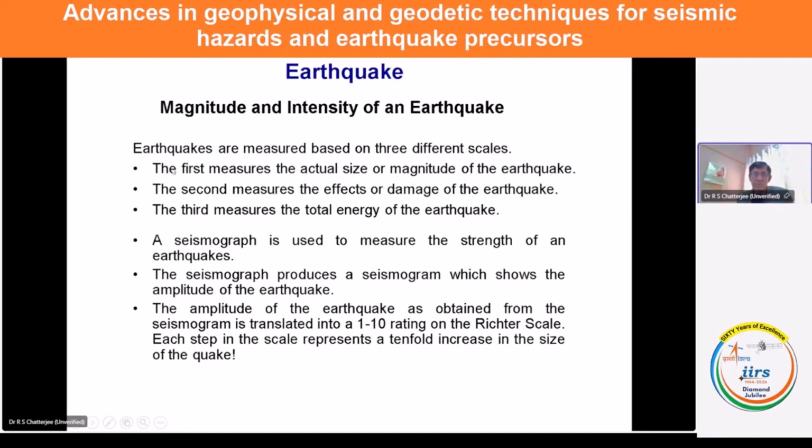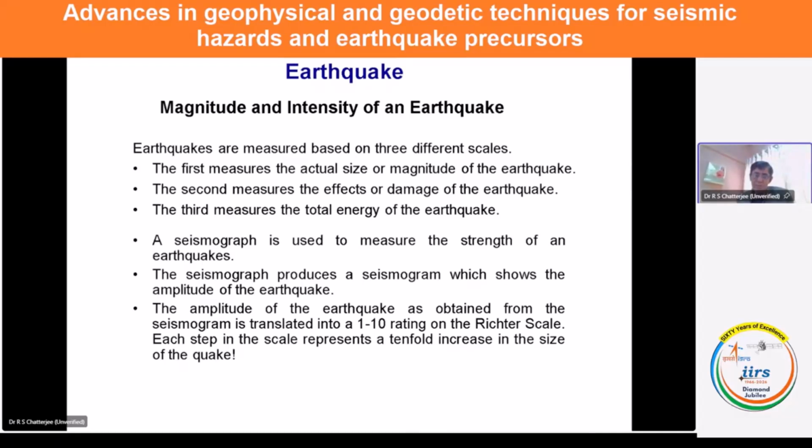So an earthquake is measured based on three different scales. The first scale is the magnitude of the earthquake, and the other is how much damage the earthquake causes, the effects or the damage of the earthquake. There is another way of doing that. That is the third way of measuring the earthquake: the total energy released by the earthquake.